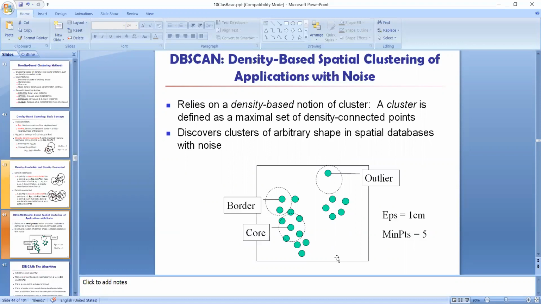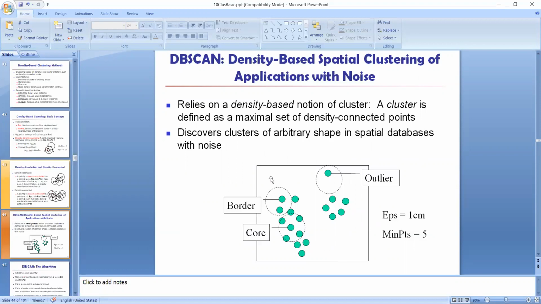DBSCAN relies on a density based notion of cluster. A cluster is defined as a maximal set of density connected points. As the name indicates, it is density based spatial clustering of applications with noise. It will be able to find out the noise within that particular data.